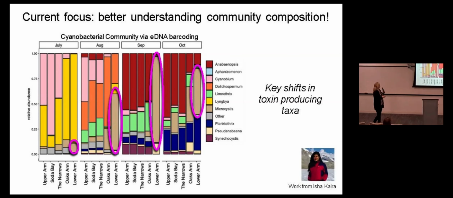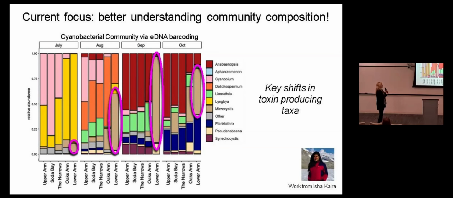In some of these stations we can see interesting shifts in some toxin-producing taxa. This is Microcystis. You can see how that community at this station shifts greatly into September, which is when we had those really high microcystin levels in this location. And then it drops back down as the community shifts.